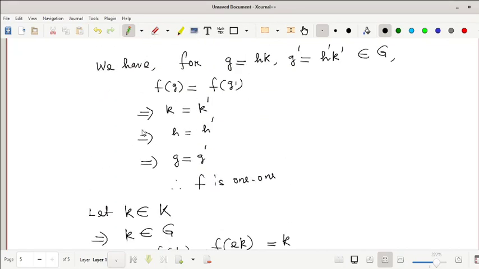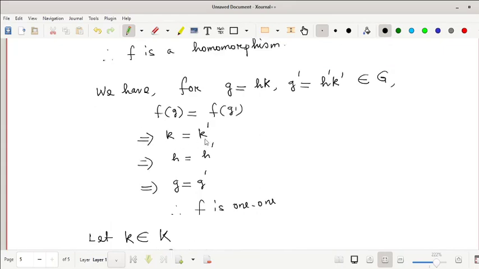Sorry, I missed something. Yeah, this is the case. You see, f of g is equal to f of g prime, so you are getting that k equal to k prime. It does not mean that h equal to h prime because you do not have any information regarding g and g prime. Indeed, I don't require it to be one-one.